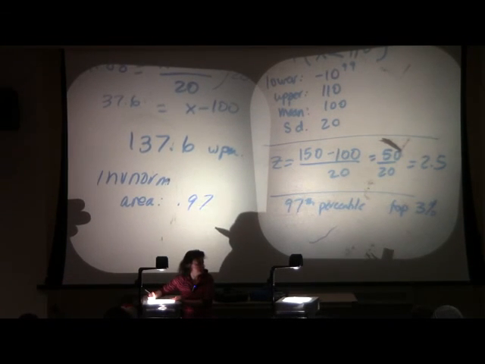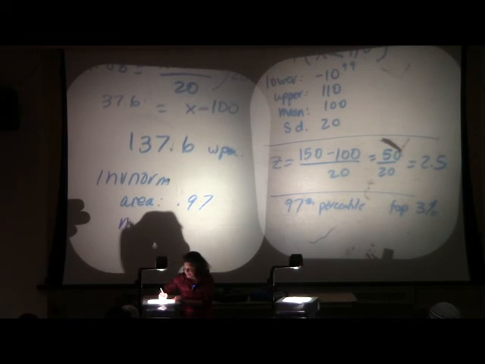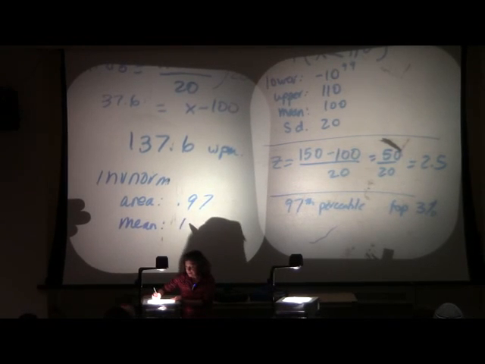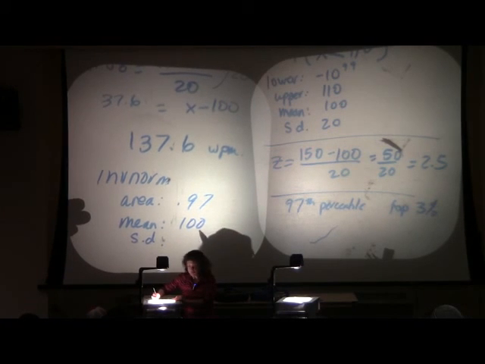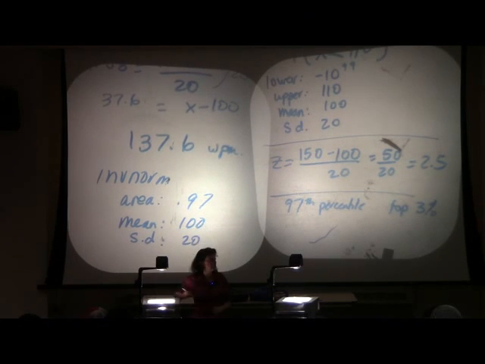And you put 0.97, correct? The next thing, it asks the mean, which was 100, and the standard deviation, which is 20. Your mean and your standard deviation won't change. Are there any questions, you guys?